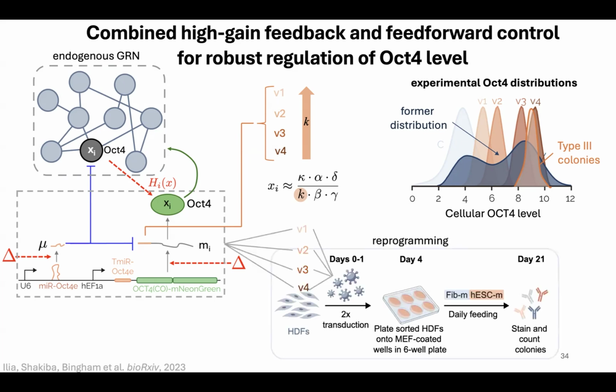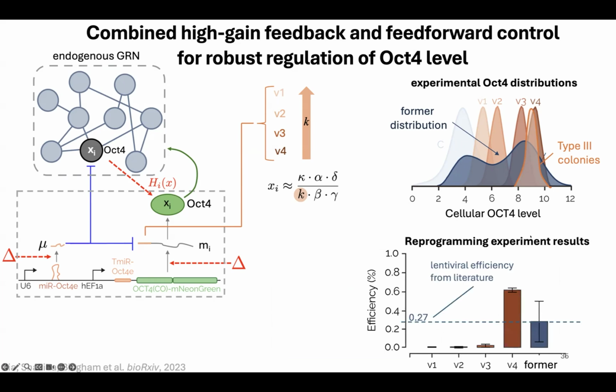So we took all these 4 versions, reprogrammed the cells through the same process, and then stained and counted colonies for each of these variants to see if indeed V4 resulted in the best outcome. So this is the data.